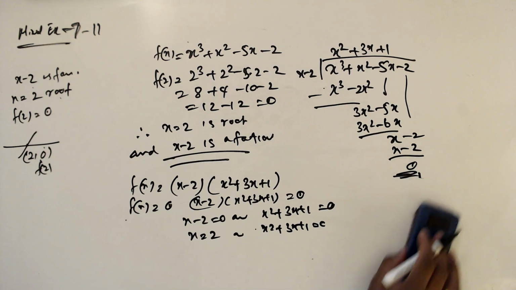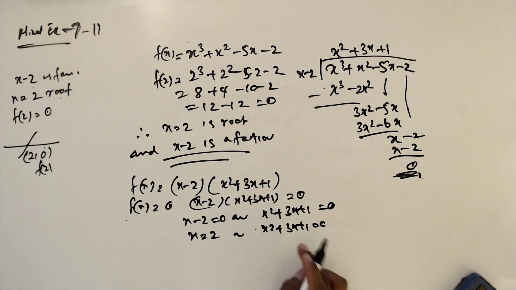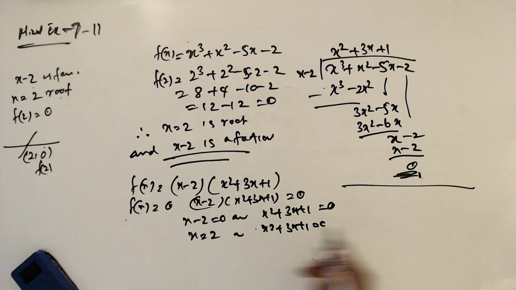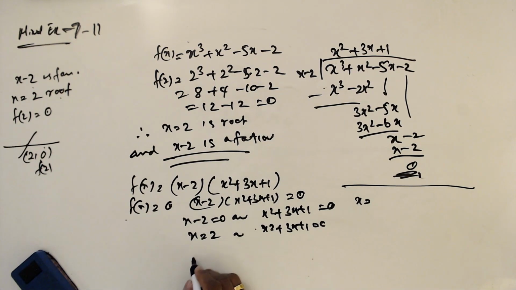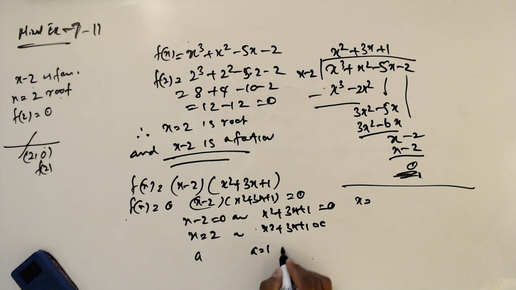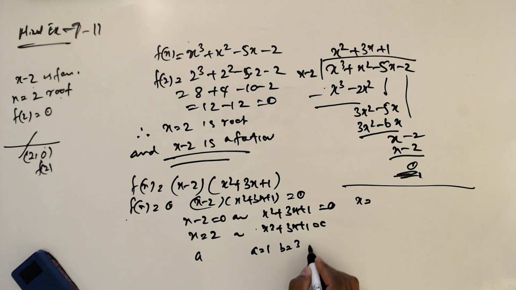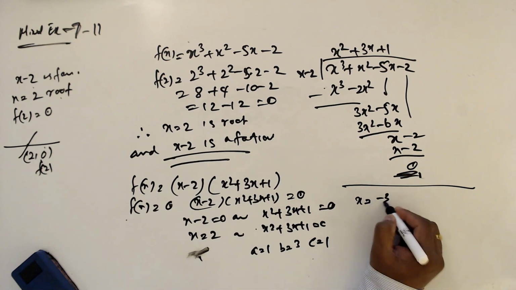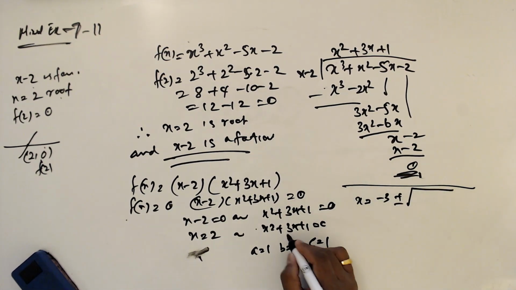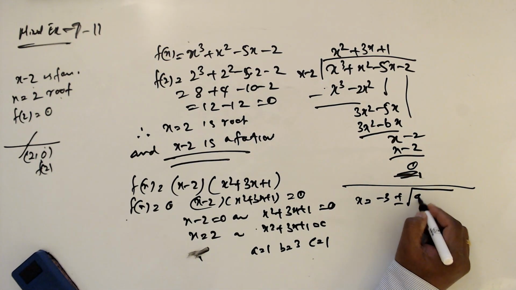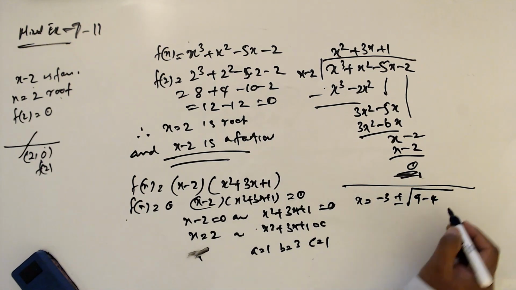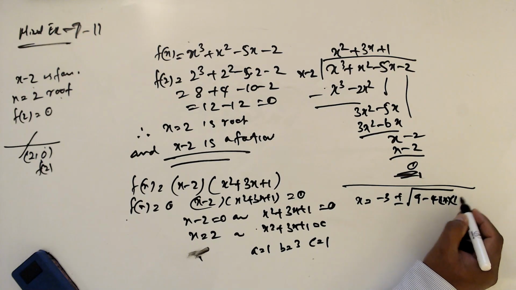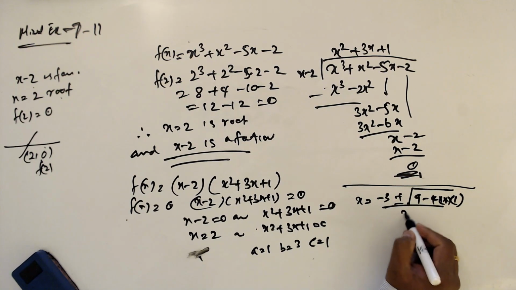Now I can see b squared minus 4ac is greater than 0. Then I have to use the formula x equals, so a equals 1, b equals 3, c equals 1. Minus b is minus 3 plus or minus the square root of 3 squared, 9, minus 4 times 1 times 1, c is 1 again, divided by 2 times 1.